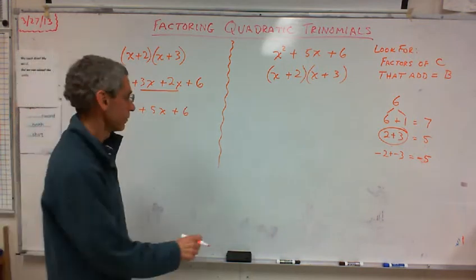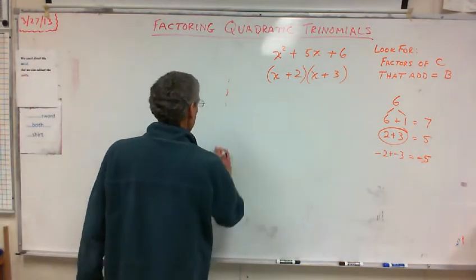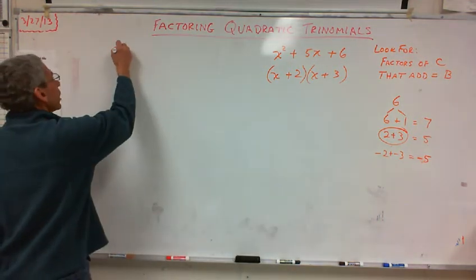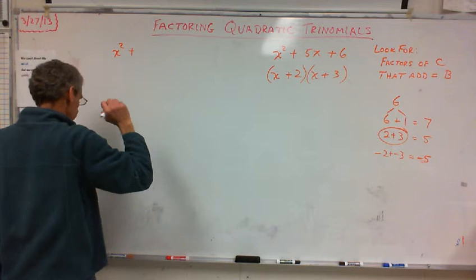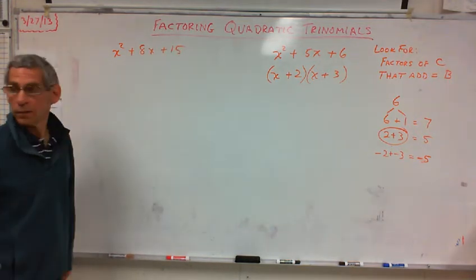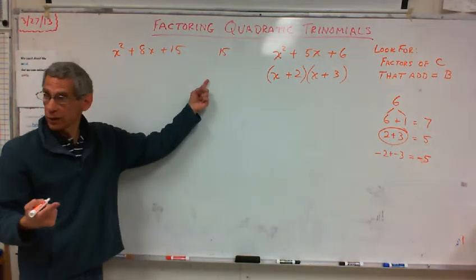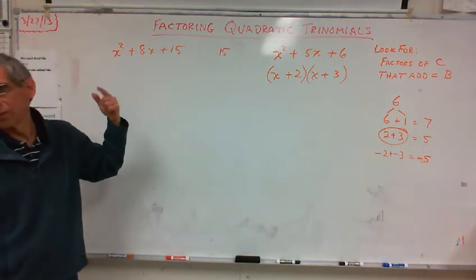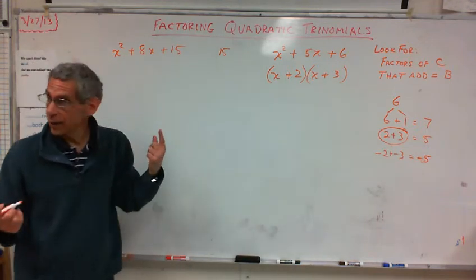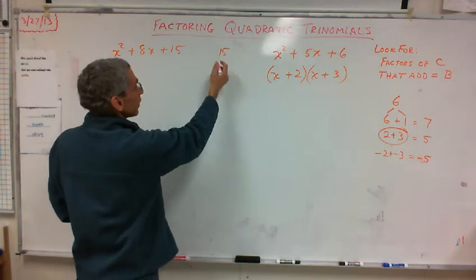Okay, now that you know it, let's get rid of this and we'll just start doing a few. Put 15 up on the board. All right, how about this? X squared plus 8x plus 15. I'm looking for factors of 15. This is what I usually do when I do this in real life. I mean, sometimes I do them in my head very quickly, but when they're not as quick and easy, because sometimes the numbers are bigger, I write the last number C here and I go like this.